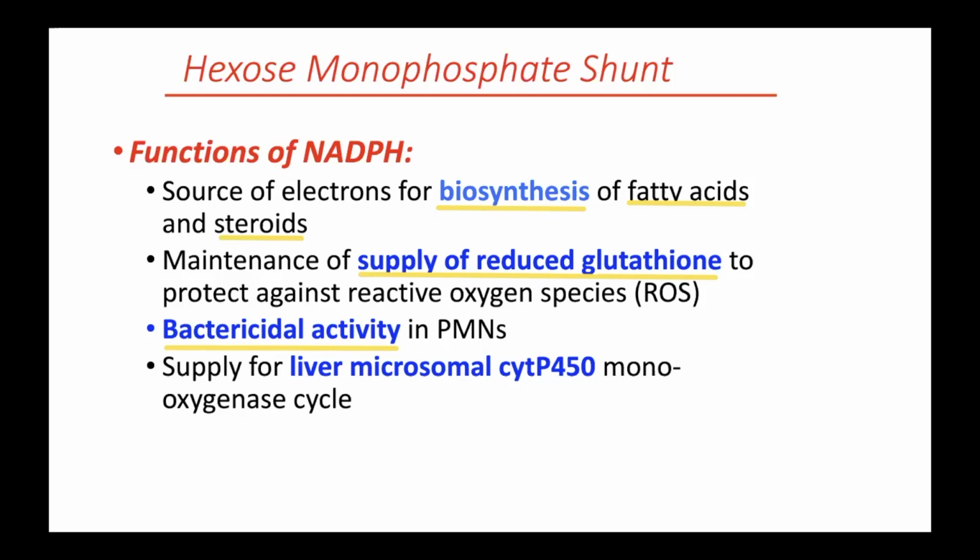Please take note of this, the functions of NADPH. And again, what is that very important pathway which produces NADPH? It's the pentose phosphate pathway or the hexose monophosphate shunt.